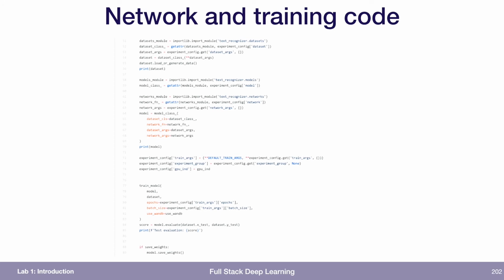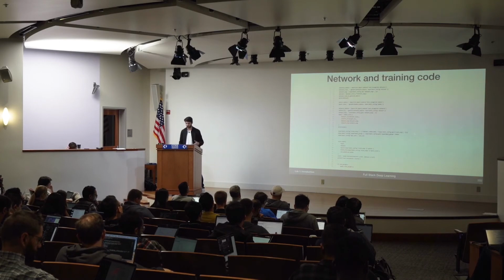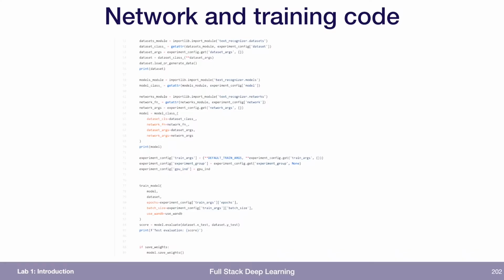And then similarly for the model, it finds where that model class is that you specified, loads it, and creates a model with the arguments that you passed in. And then it runs this function called train model that you pass the model and the data set objects into. And then once it's trained the model, it scores it, so it runs model.evaluate on the test set, and then gives you the test evaluation.